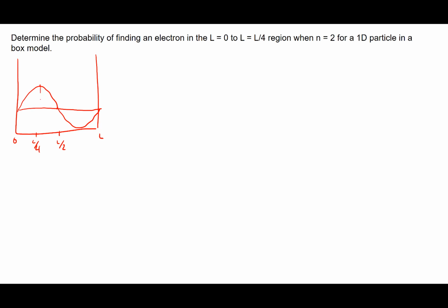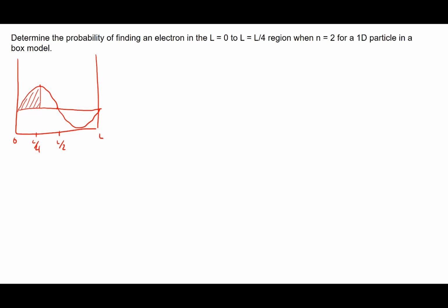So what we're looking at is simply this shaded region right here, from 0 to L over 4. If we look at it, we can easily break apart our wave function initially into halves. You're going to have one half where everything is positive, above the axis, and one half that's all below it.